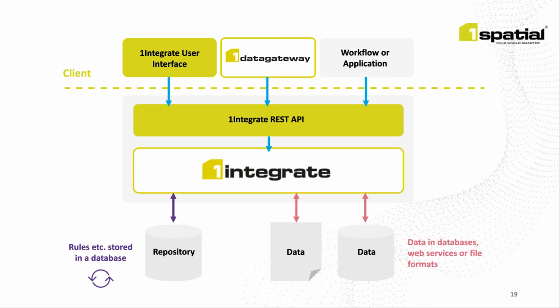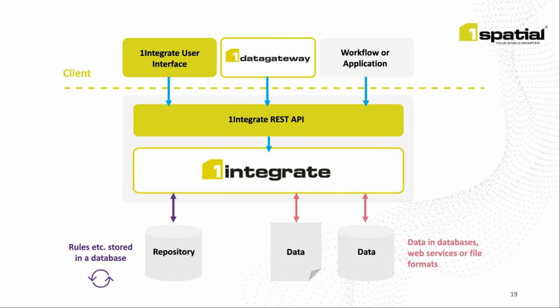This gives a really simple, intuitive drag and drop interface on top of 1Integrate, which allows people to submit their data and run it through a 1Integrate session without having to really know or care at that point what's happening. Just the fact they can drag and drop and run their data through, and they will receive a really nice report telling them how that data fared against the rules.